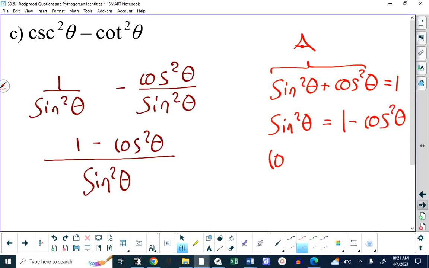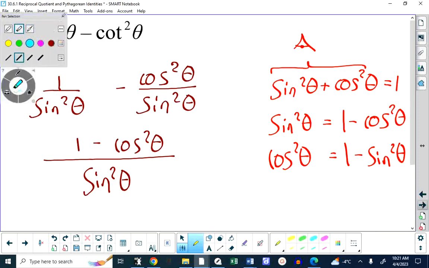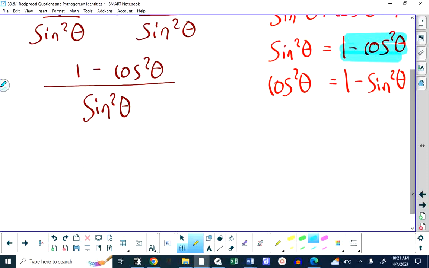Or cos squared of theta equals 1 minus sine squared of theta. So anytime you see 1 minus cos squared, sorry to put more weight on your shoulders, you need to go, oh, that's sine squared. So what we end up with here is sine squared of theta over sine squared of theta, which is 1.